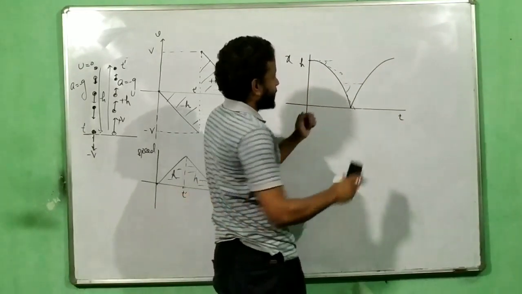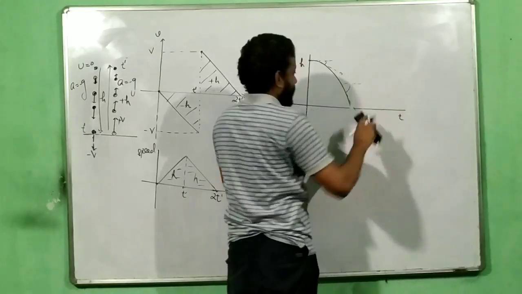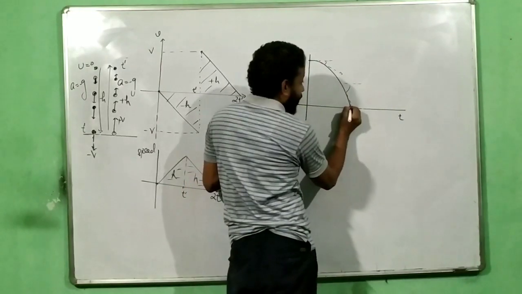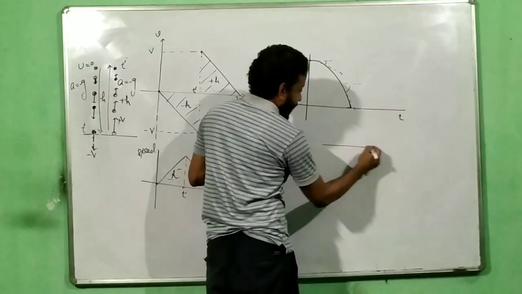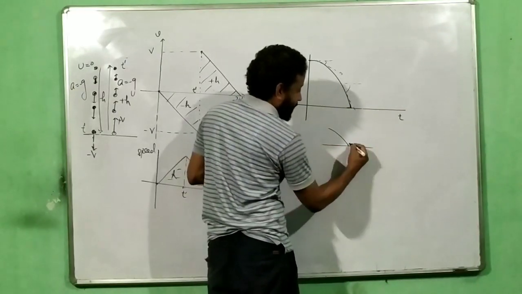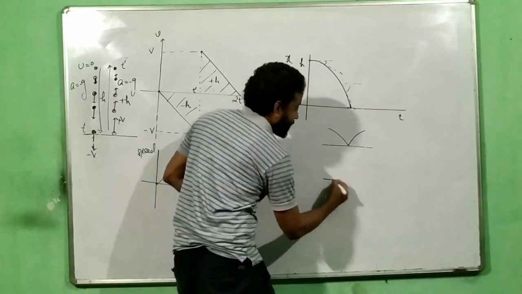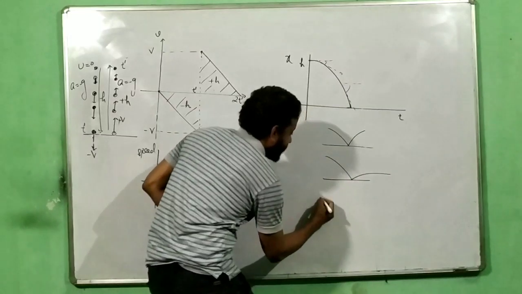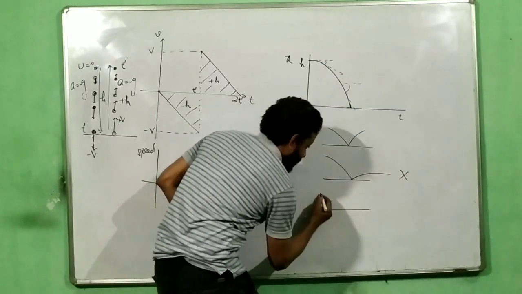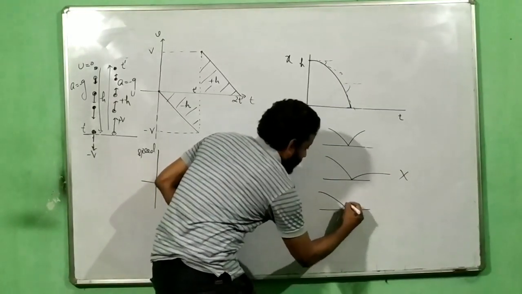At this point, you are not supposed to draw this part blindly. I'll tell you what I want to say. It should look like this, not like this. Not like this. This is wrong. Not like this.